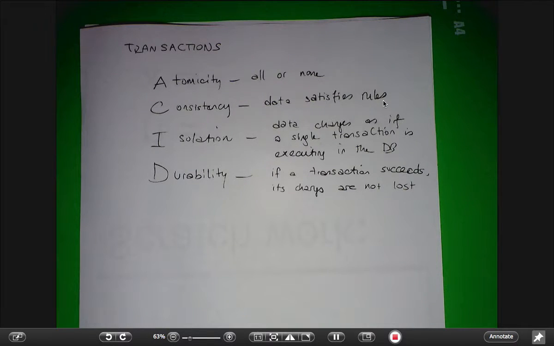So let's now talk about data model. What I want to talk next, and then today will be the last, is the relational data model.